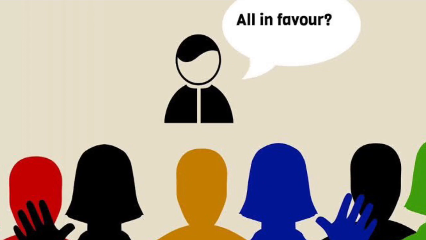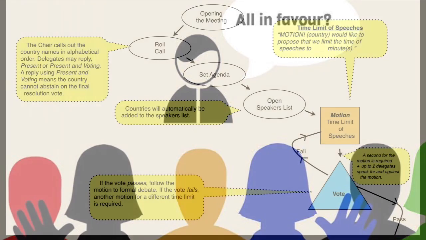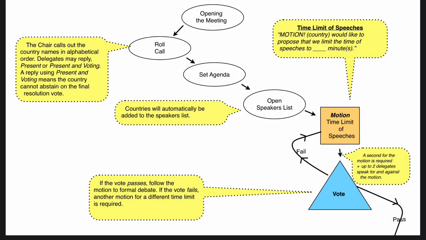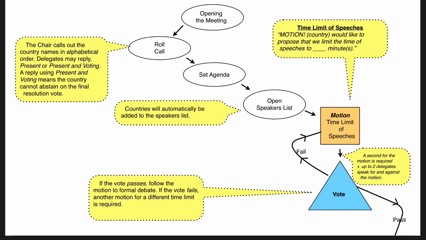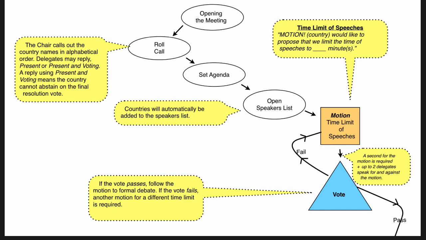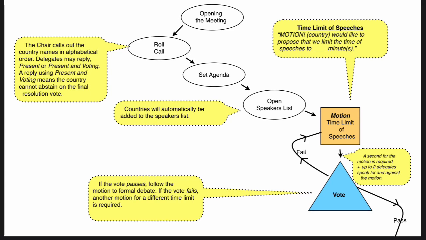For example, after setting the agenda, now let's move to establishing general speakers list. After setting the agenda, you need to open up debate. In any MUN conference, by convention and logic, the first motion which should be proposed is establishing general speakers list.